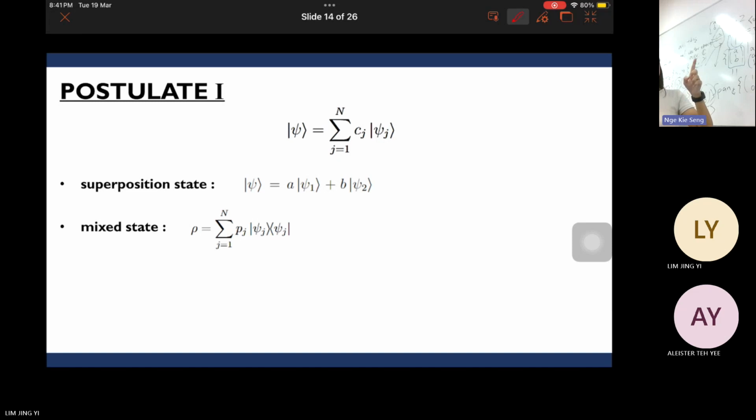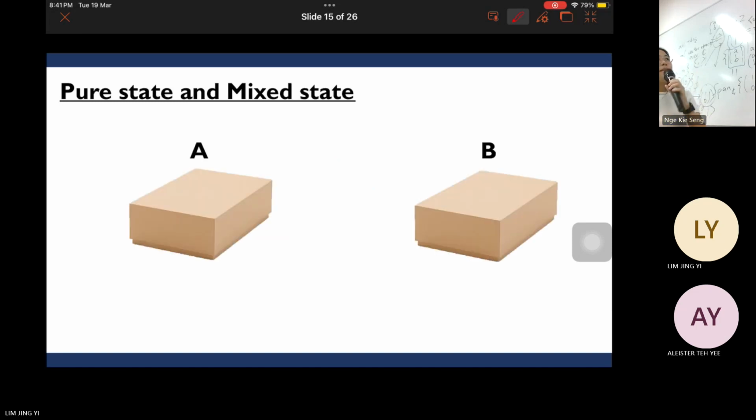So a pure state means, okay, I give an example here. You have two boxes and you put sweets inside, but there are two colors of sweets. It can be blue or it can be red. In box A, you put just one sweet, but you have no idea what color the sweet is until you open the box and take it out.